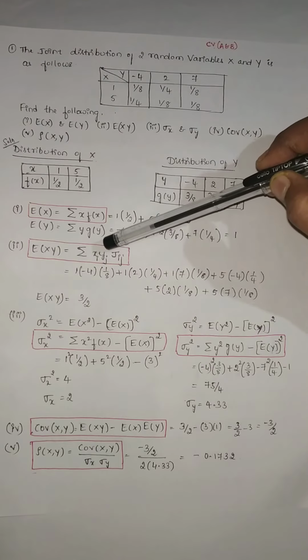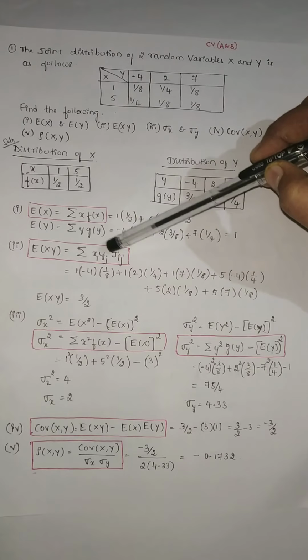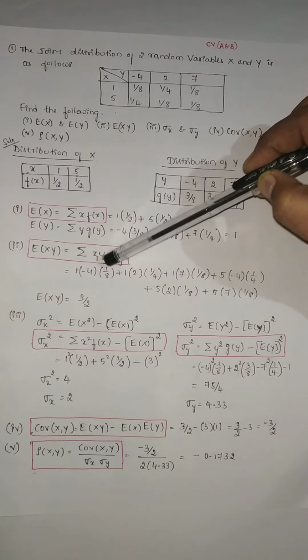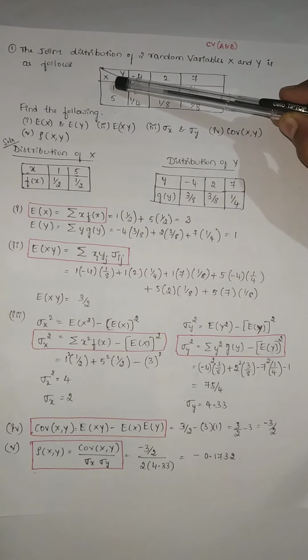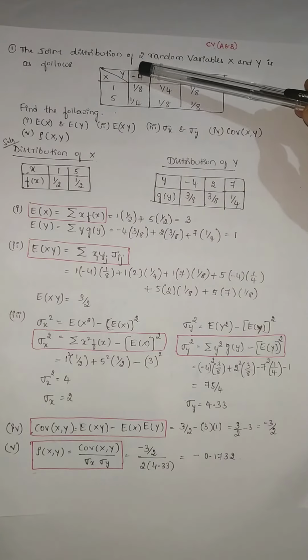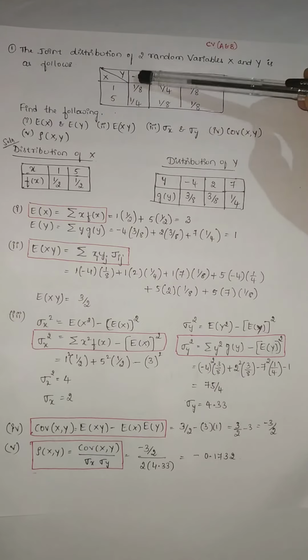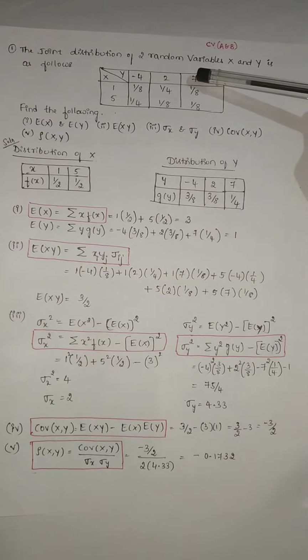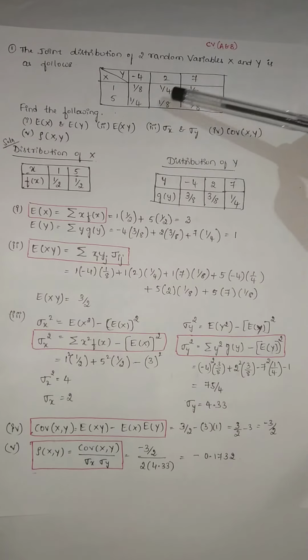So if you take i equal to 1, j equal to 1, this will be x1, y1, j11. So x1 is this 1, y1 is minus 4. This is x1, x2, y1, y2, y3, and now this is j11, j12, j13, j21, j22, j23.